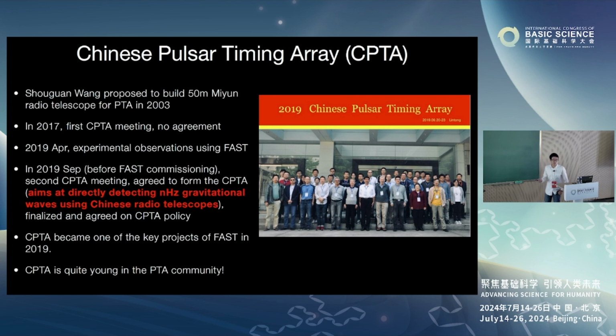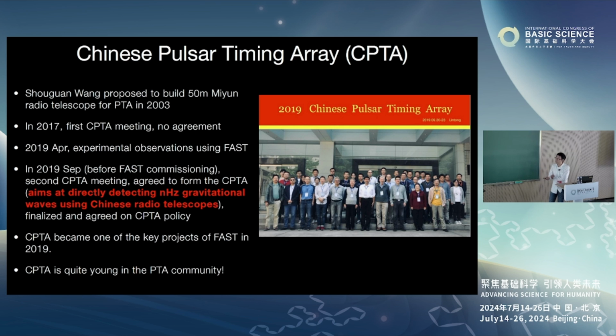Even CPTA was formally formed. However, at that time, we didn't get a very good agreement on whether or not we would have the CPTA collaboration. Two years later, with FAST commissioning, we were able to do some experimental pulsar timing observations using FAST, and the initial results were very good, which gave us great confidence to do pulsar timing to detect gravitational waves and form the CPTA.